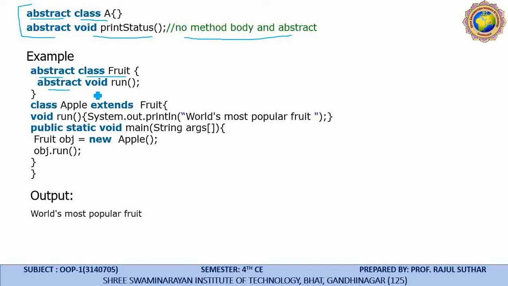The abstract void run method is used. Then class Apple extends the main class Fruit. So we can say that Fruit is a superclass and Apple is a subclass.